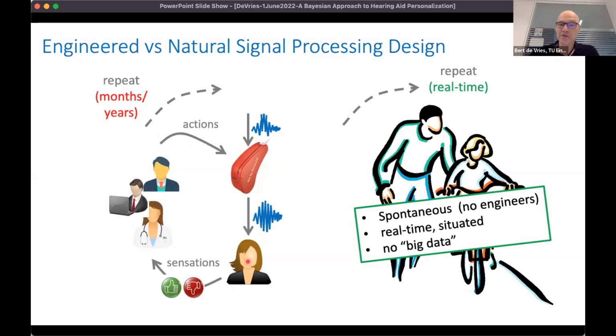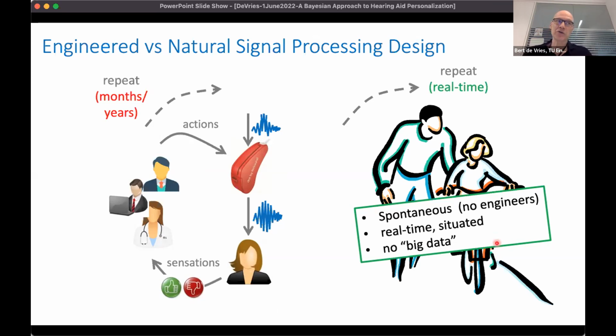So what's on the right-hand side is my inspiration for a new way of designing hearing aids in situ, so under field conditions, by hearing aid clients just having some interaction with their device or with their environment, and then over time this device should improve.